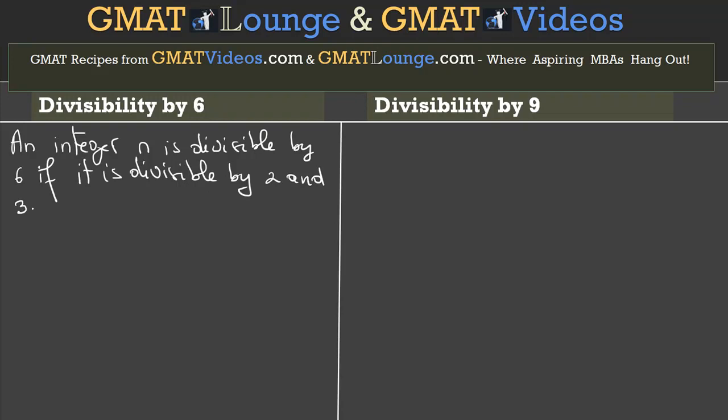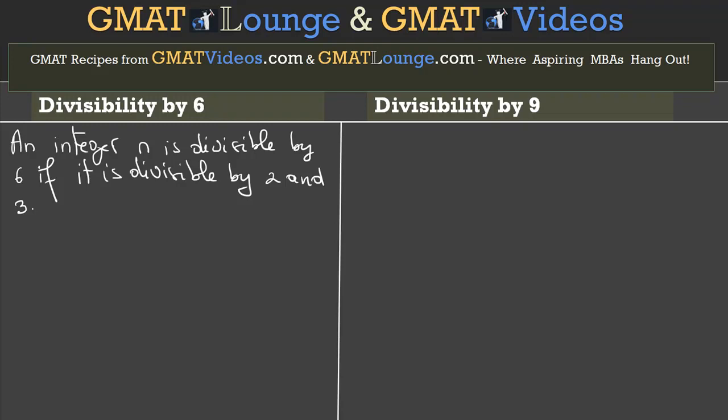Remember that when a number is divisible by 6 it is divisible by 3, and the main reason for this, I don't have to spend too much time on this, is that 6 is equal to 3 times 2. So a number divisible by 6 has to be divisible by 3 and 2.